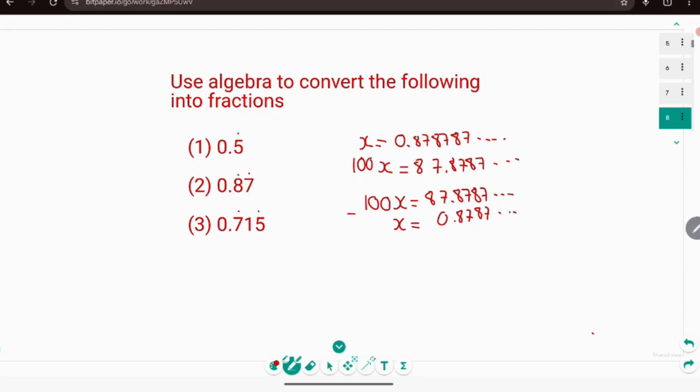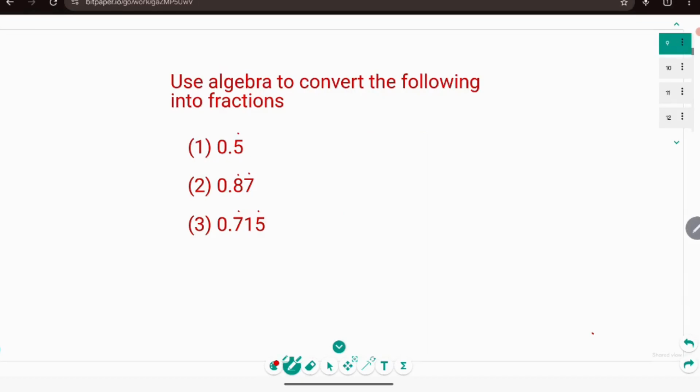Subtract. 100x take away 1x, 99x. We subtract the right hand side here, all these disappear, we're left with 87. Make x the subject, divide both sides by 99. Check on the calculator. Oh, it simplifies this time to 29 over 33. Format to decimal, correct. And then this last one.